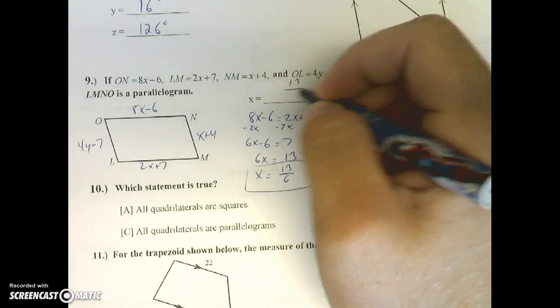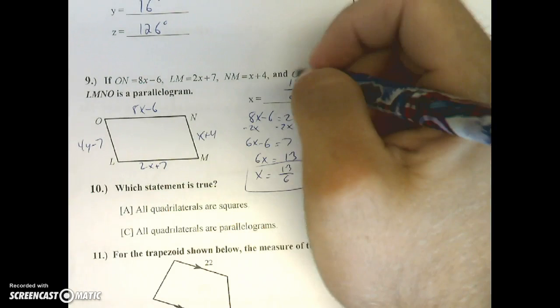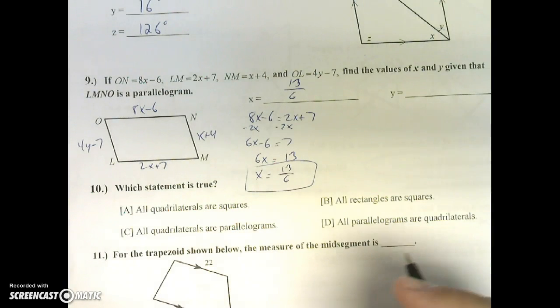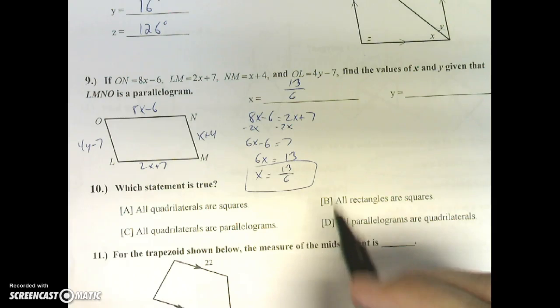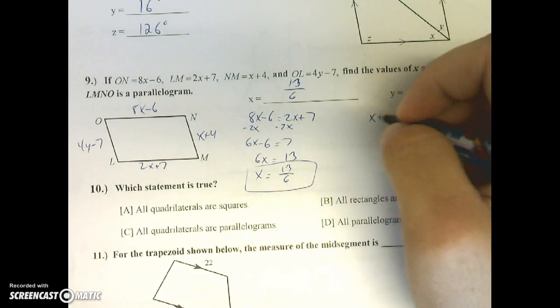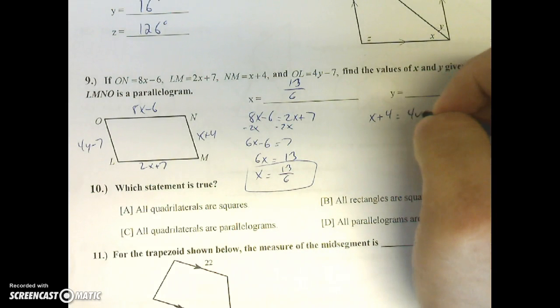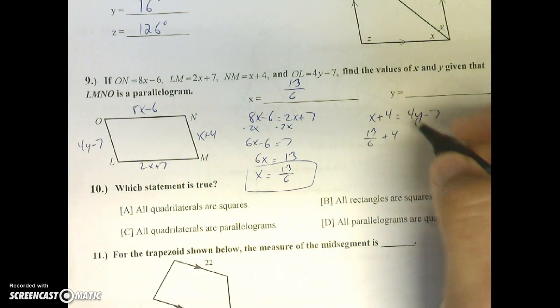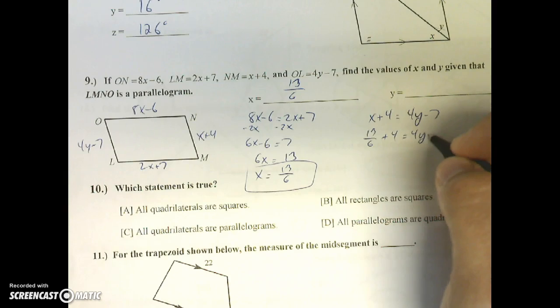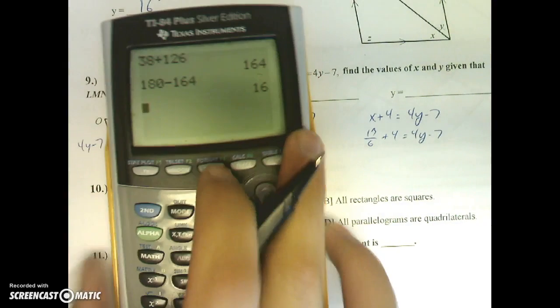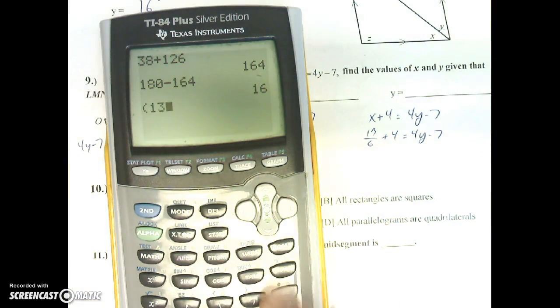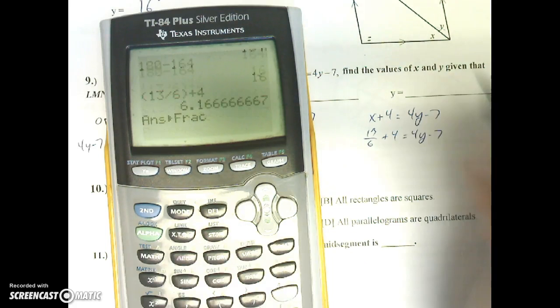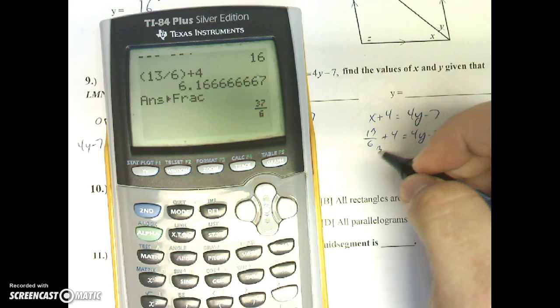Now I apologize, this is not the prettiest answer in the world, but we're getting 2.13 or something along those lines. Well, now my other equation is x plus 4 equals 4y minus 7. 13 over 6 plus 4 equals 4y minus 7. 13 over 6 plus 4, math fraction, enter, gives me 37 over 6.